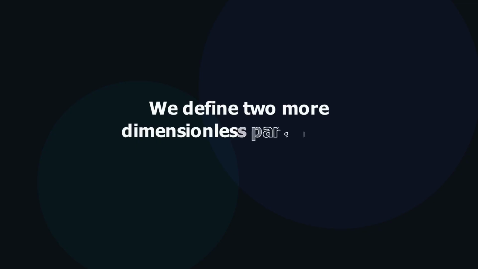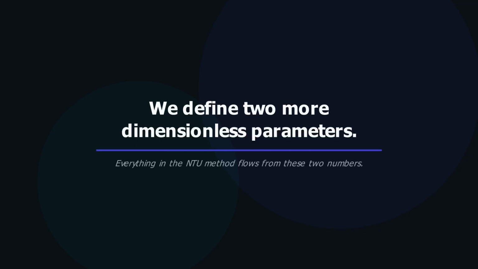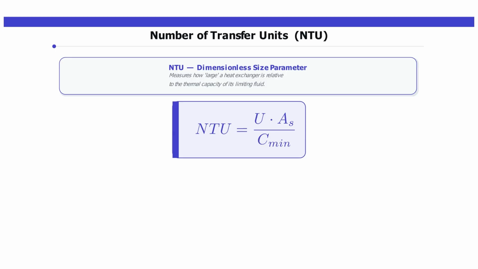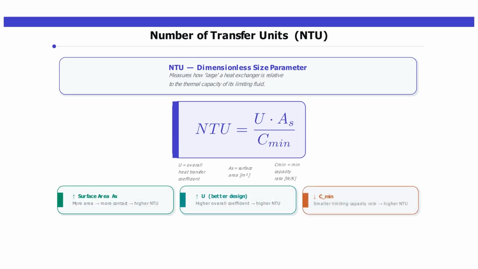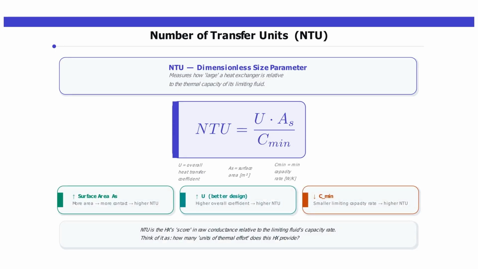We define two more dimensionless parameters. The number of transfer units, NTU, is a dimensionless size parameter for the heat exchanger. NTU equals U times A sub S divided by C min. A larger NTU means more heat transfer capacity, either because the area is larger, or because U is higher, or because C min is smaller.